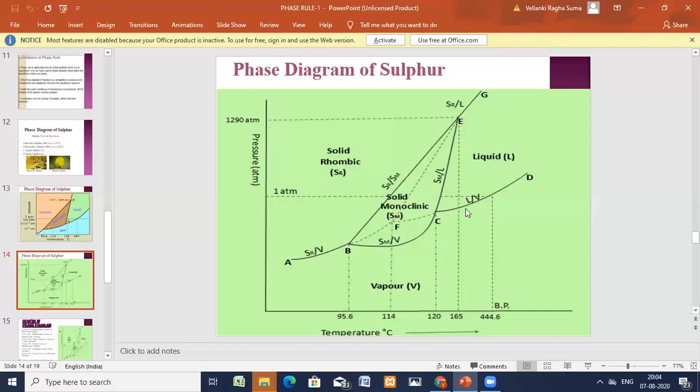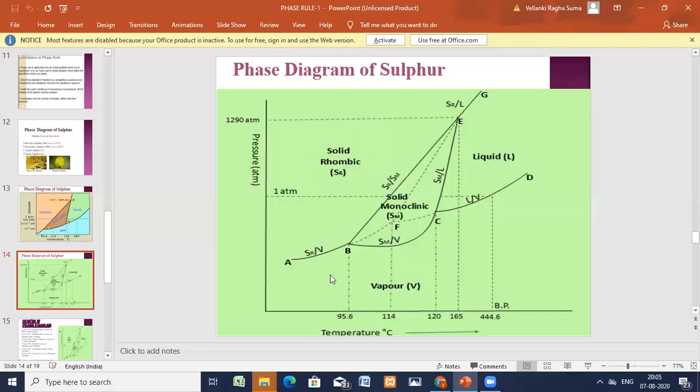Next, the CD line, liquid sulfur is in equilibrium with vapor sulfur. Next, BC, monoclinic sulfur is in equilibrium with vapor sulfur. Now, AB, rhombic sulfur is in equilibrium with vapor sulfur.